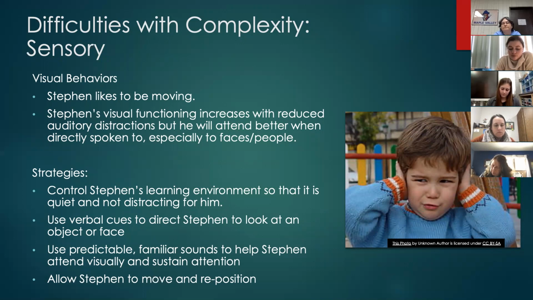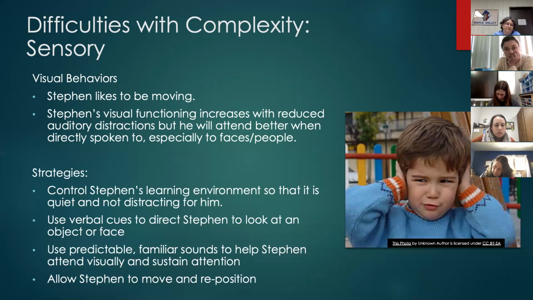In this particular case with Stephen, his visual functioning increases when the noise is decreased. So generally he likes a quiet environment. However, remember at the beginning, we said he likes auditory cues. So he likes a quieter environment, but he likes to be spoken to directly, especially involving faces and people.